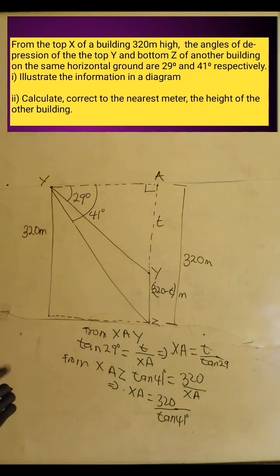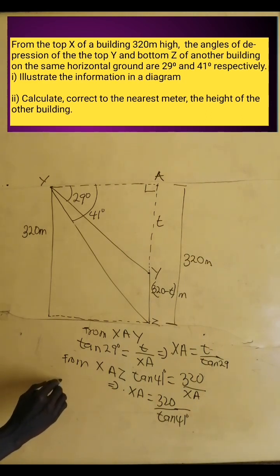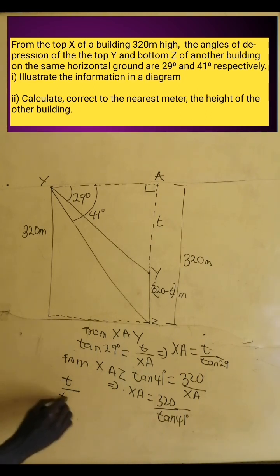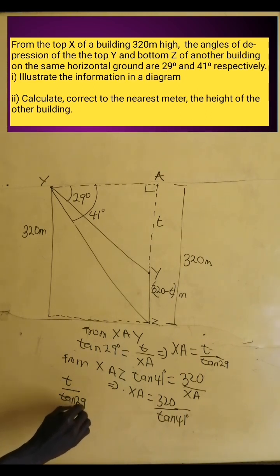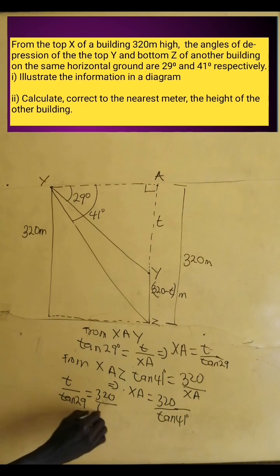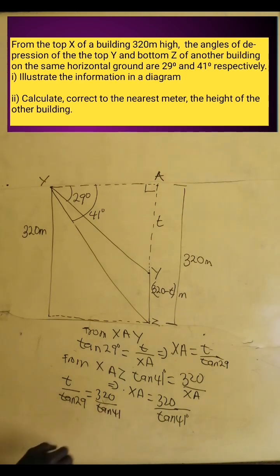This implies that the first equation is equal to the second equation. So equate T divided by tangent of 29 to 320 divided by tangent of 41.